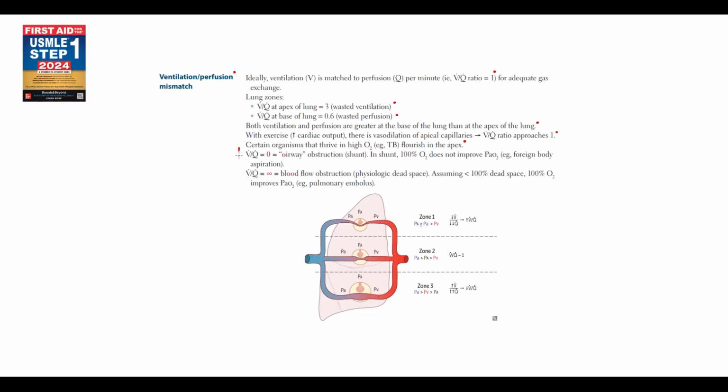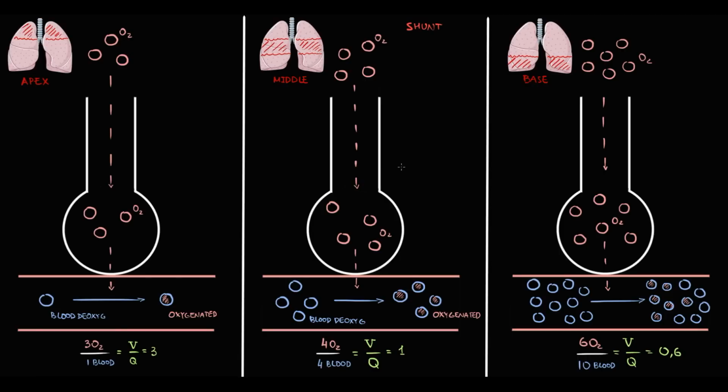The second scenario is shunt formation. It's the state when the VQ ratio becomes 0. So how are shunts formed? There is a possibility that our airways that deliver oxygen to the alveoli can become obstructed, for example by a foreign body. In this case, the amount of oxygen that reaches the alveoli becomes 0. Perfusion is not affected here, but because oxygen cannot reach blood, blood cannot be oxygenated.